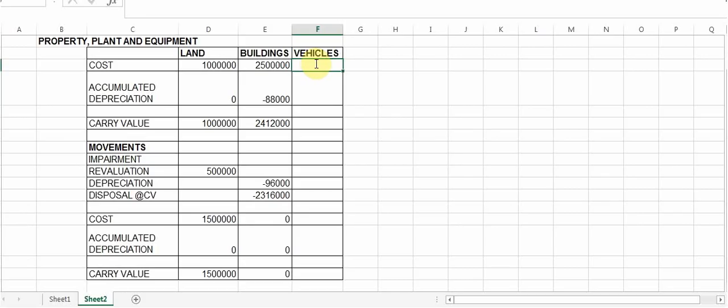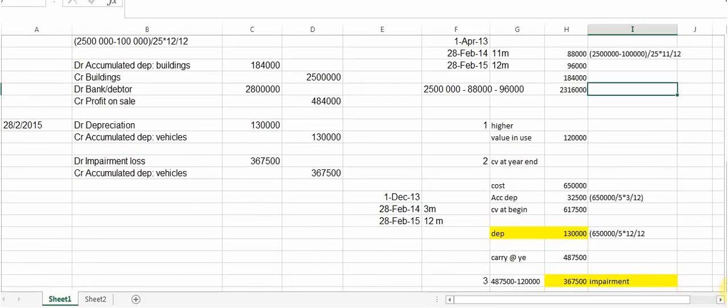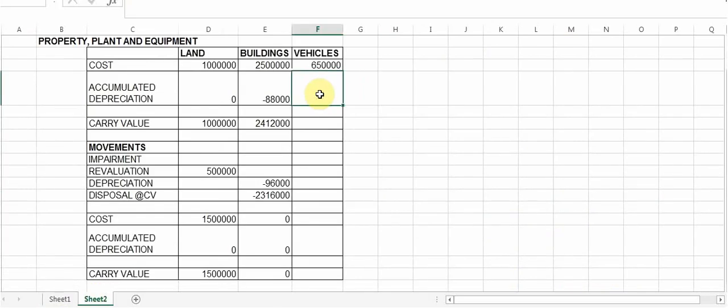For the vehicles, a cost price of 650,000 was given to us. We have calculated again the accumulated depreciation at the beginning of the year, 32,500. So minus the 32,500, that gives us a carry value of 617,500.